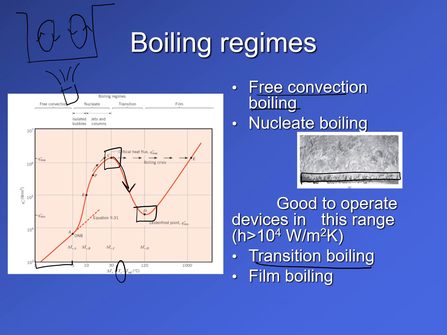So D is that optimum point beyond which the rate of energy leaving the solid surface due to radiation starts to dominate, and as we increase the excess temperature further from here, beyond 120 degrees centigrade, the radiative loss from the surface results in a consistent increase in the QS double prime.